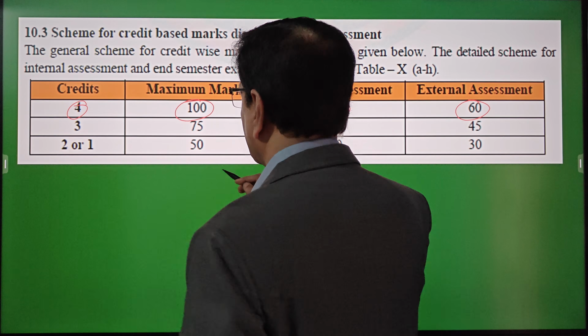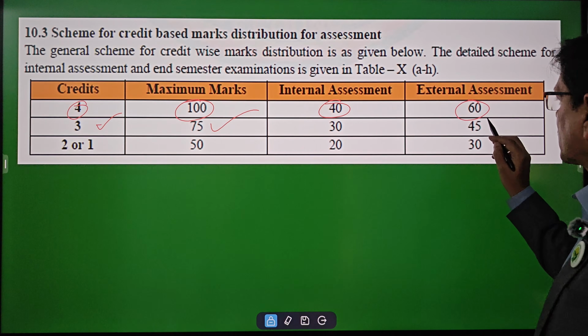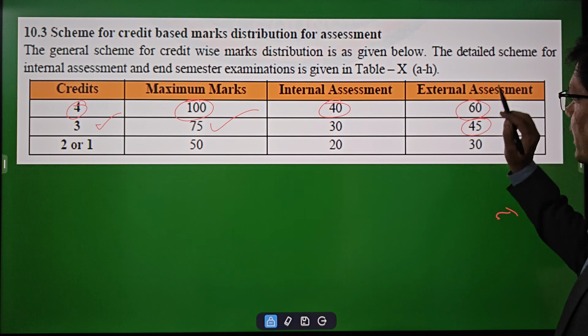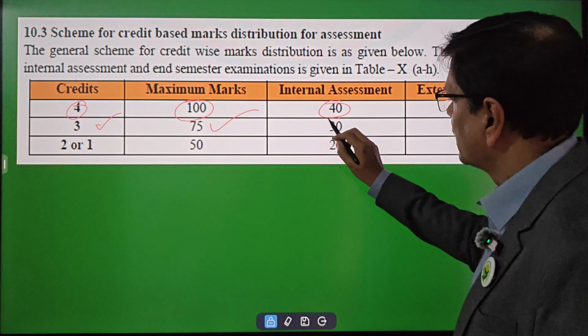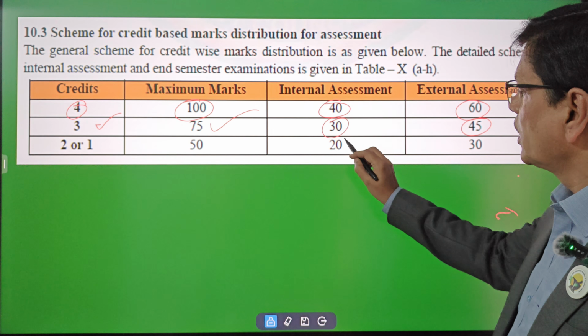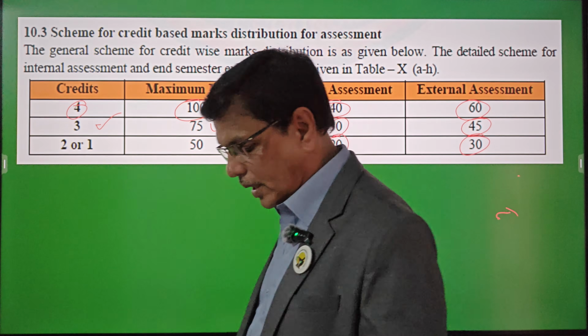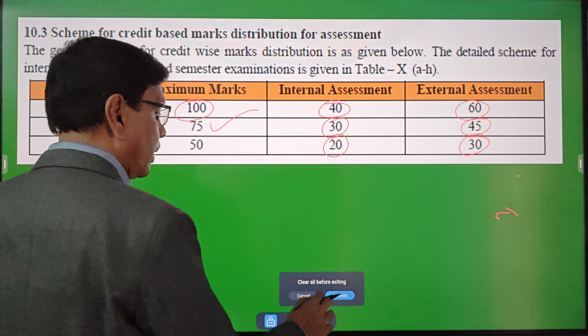Similarly, credit point 3 having 75 as the maximum marks. Out of 75, 45 is the external or university examination, 30 is the internal examination. For credit 2 or 1, 20 is the internal assessment marks and 30 is the end semester examination.